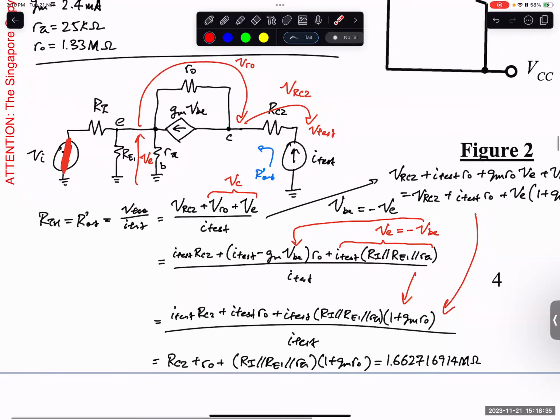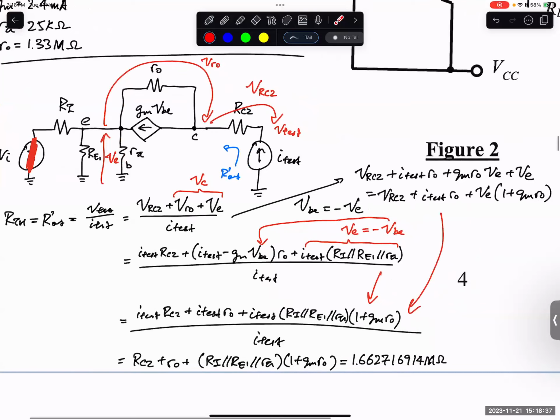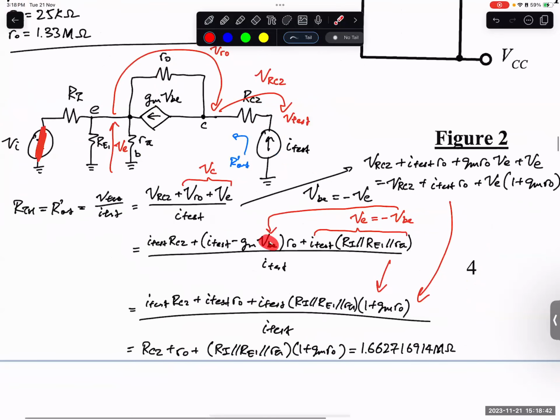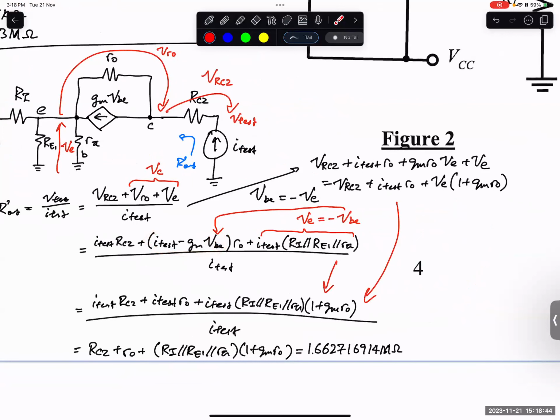Okay, and then from here it's just math really. So this whole thing I can express like that. This is VRC2, and this is VE, and then this is VR0, which is over here. So I open VR0 only, and then this part you understand, here to here is also the same thing.